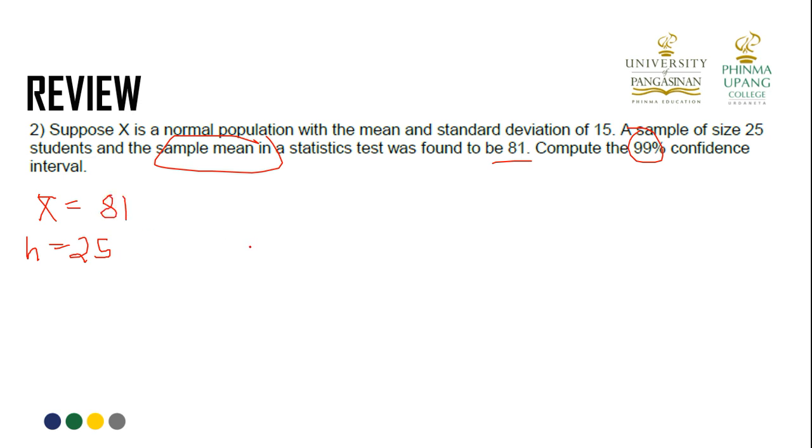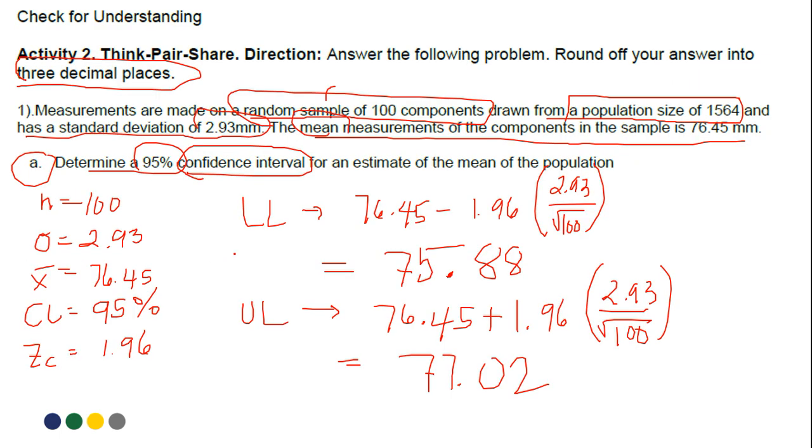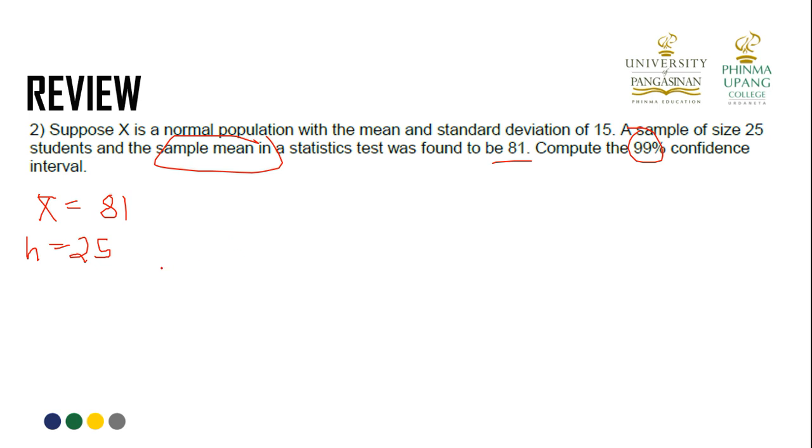If you have questions, just open your mic. 99% is the confidence level, and the critical value for 99% is 2.575. The standard deviation is 15.